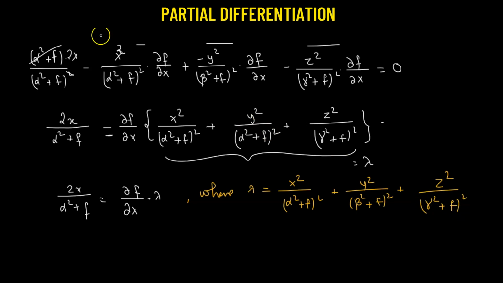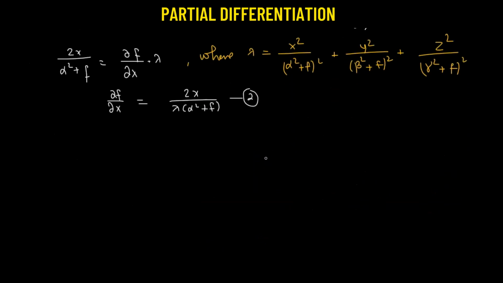Fine. Now we isolate partial of f with respect to x, so this will be equal to 2x divided by lambda times alpha squared plus f. So let's label this as equation number 2.